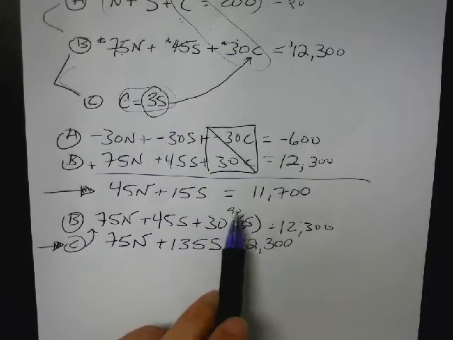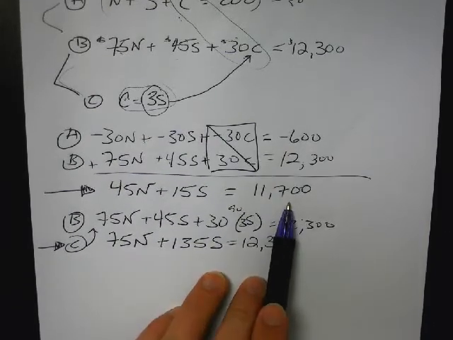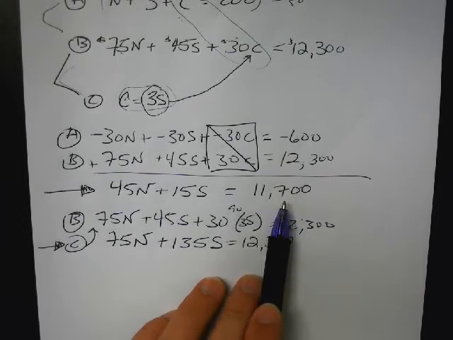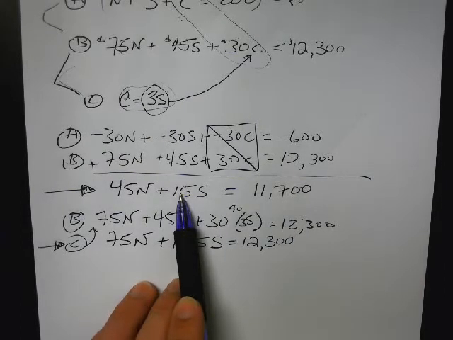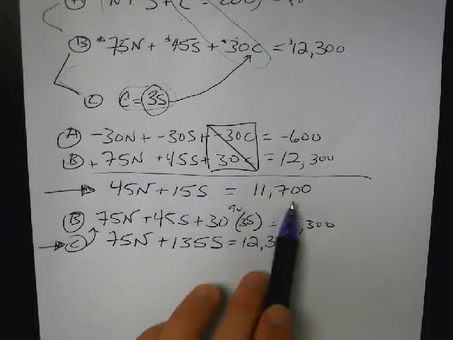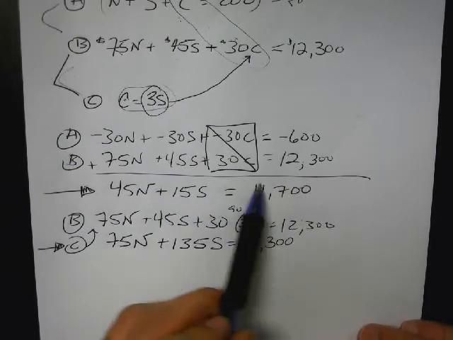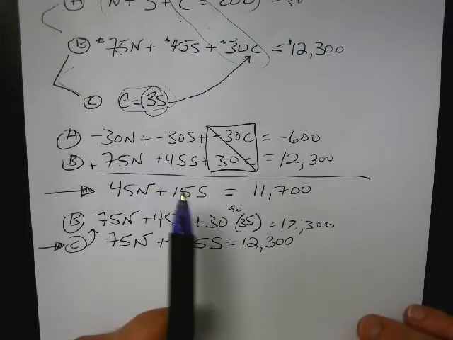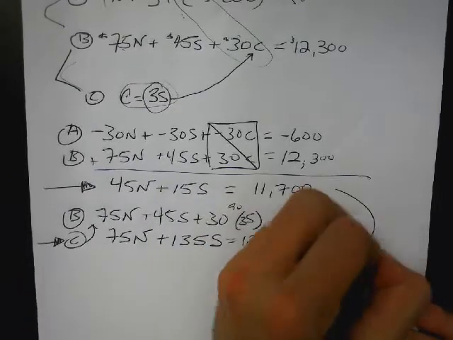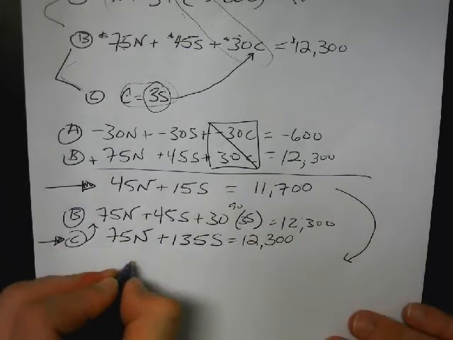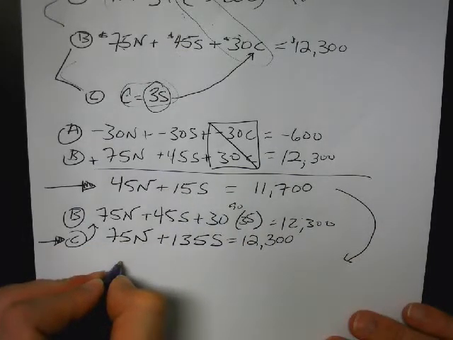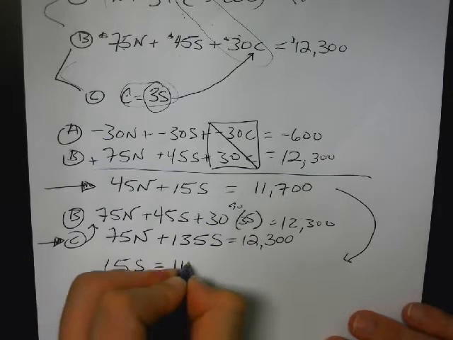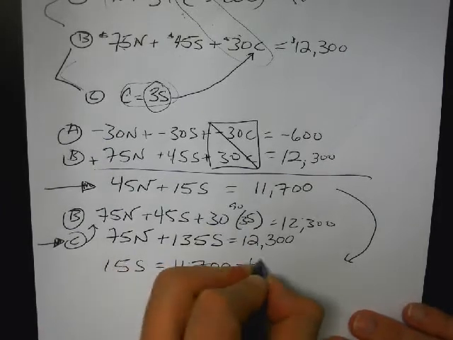Let's see here. I'm going to check and see if 11,700, if I can divide that by 15. And it does, it divides cleanly, so I'm actually going to solve this equation for S, just to help me out here. So I'll take this equation down here. 15S equals 11,700 minus 45N.